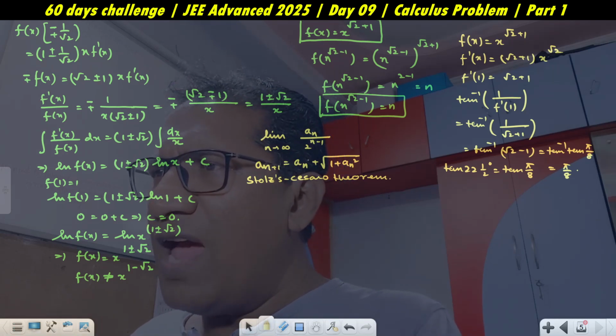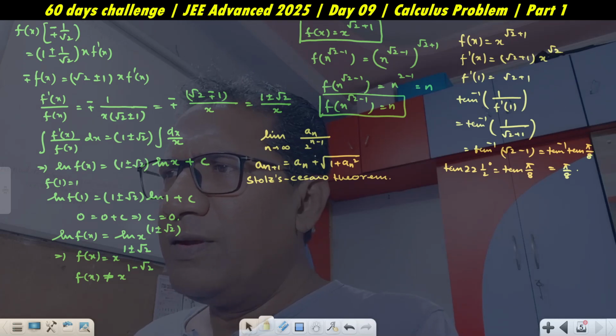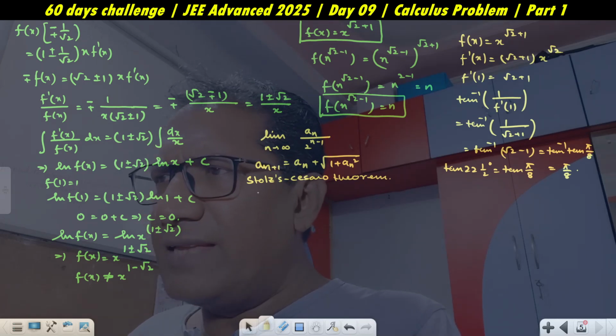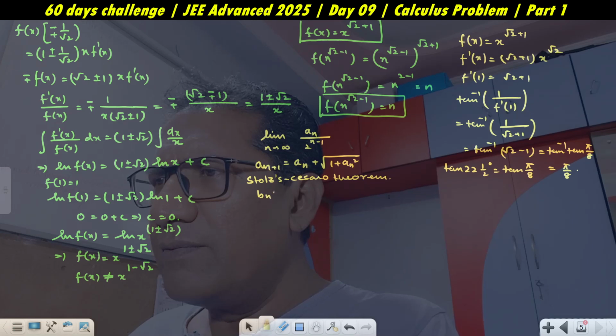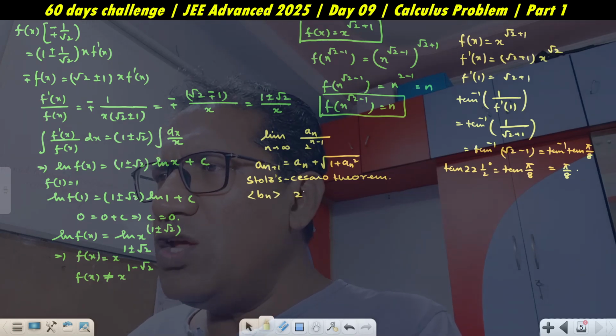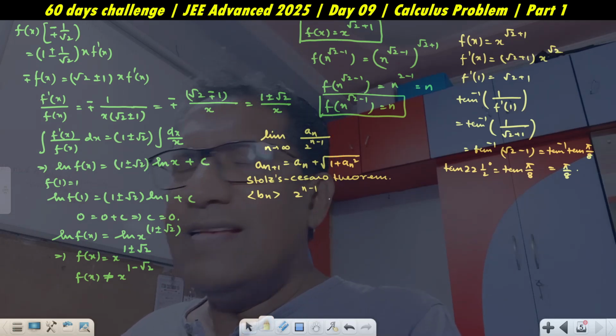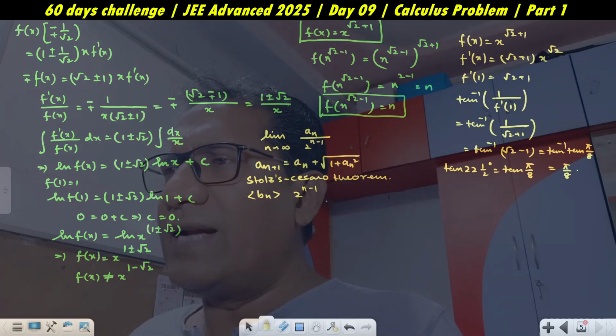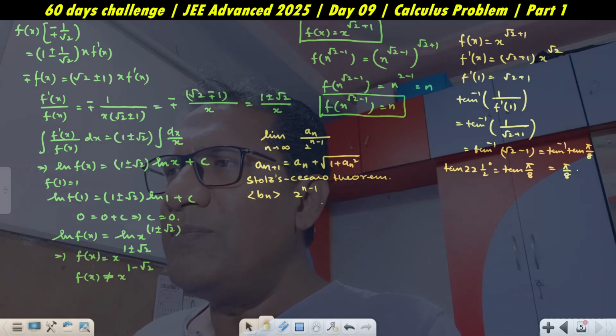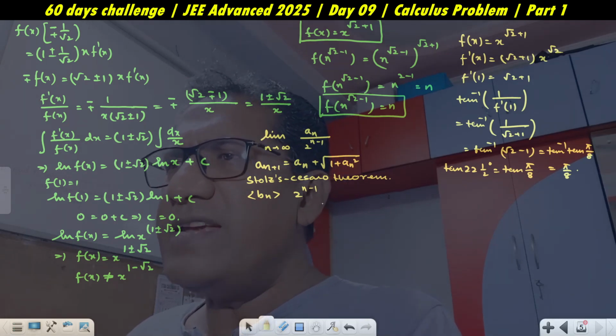Now for that we have to check whether the sequence b(n), which is actually 2 to the power n minus 1, is an increasing sequence or not. And that is obvious as n is tending towards infinity.